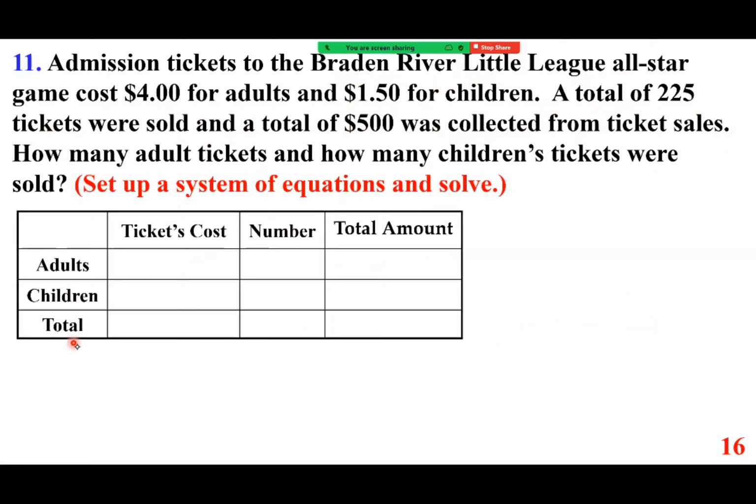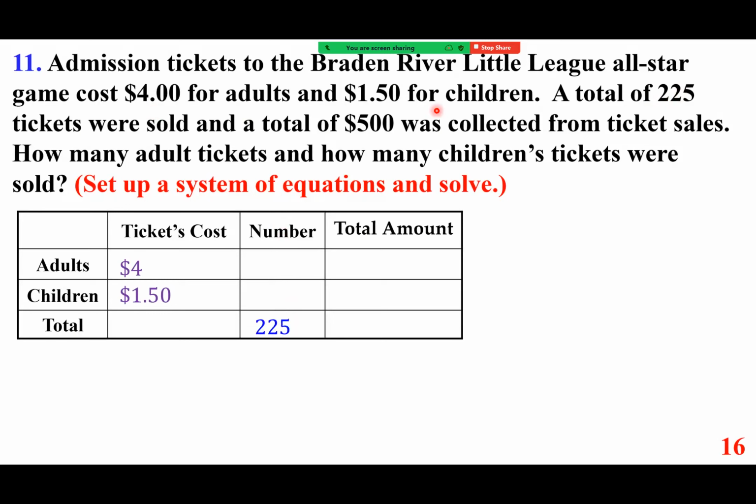So let's plug in what we have. It's going to cost $4 for adults, $1.50 for children. We have a total of 225 tickets, number, total is 225.